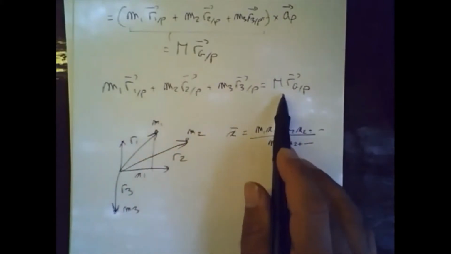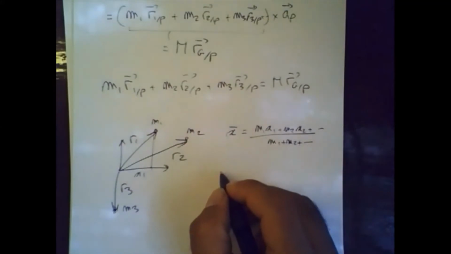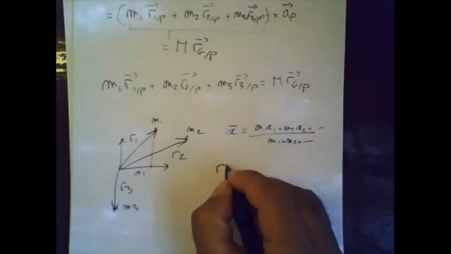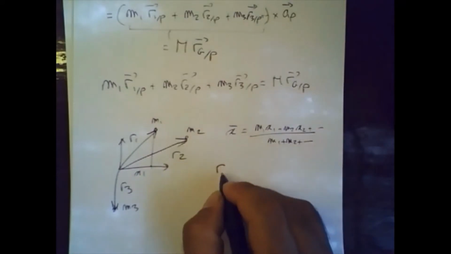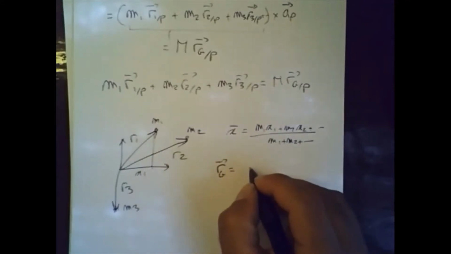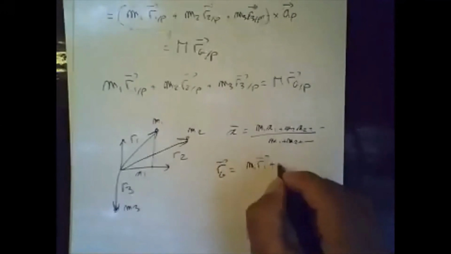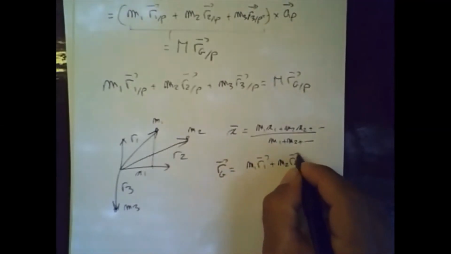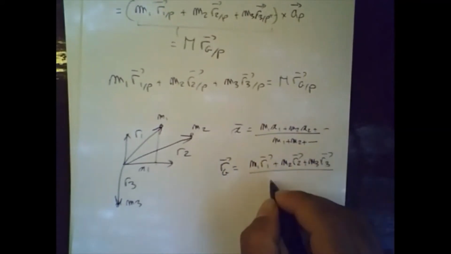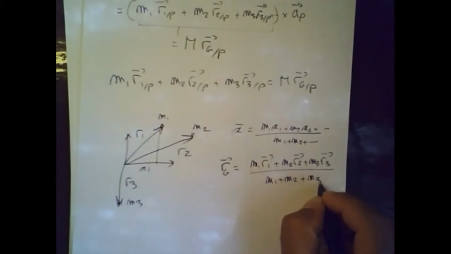So these guys are actually equal to m r_G with respect to P. If you want to find the center of gravity, because the vector contains both x and y, I can write the center of gravity, and obviously here I can do y bar. So I can say r_G is equal to what? m1 r1 plus m2 r2 plus m3 r3 divided by m1 plus m2 plus m3, which is the total mass.